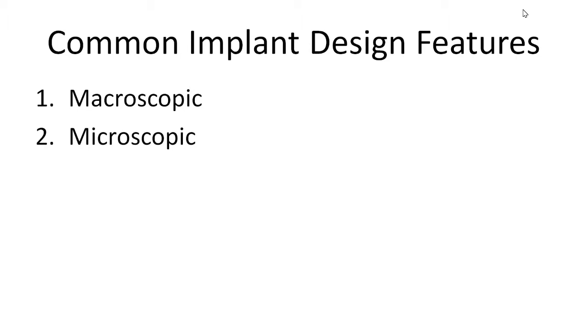The microscopic design features are to do with the surface topography of the implant and any surface materials. These we will be covering at a later stage in this program.